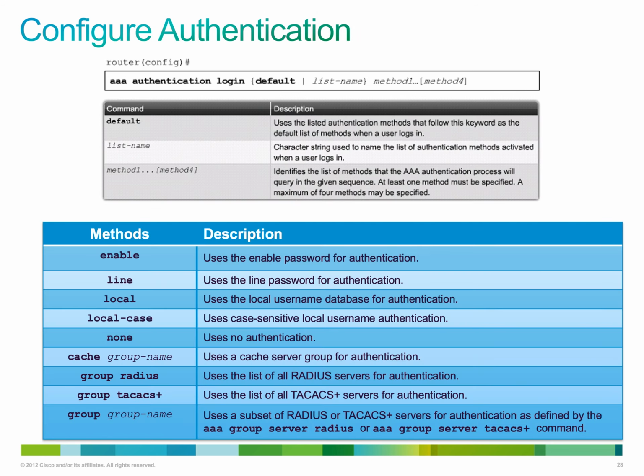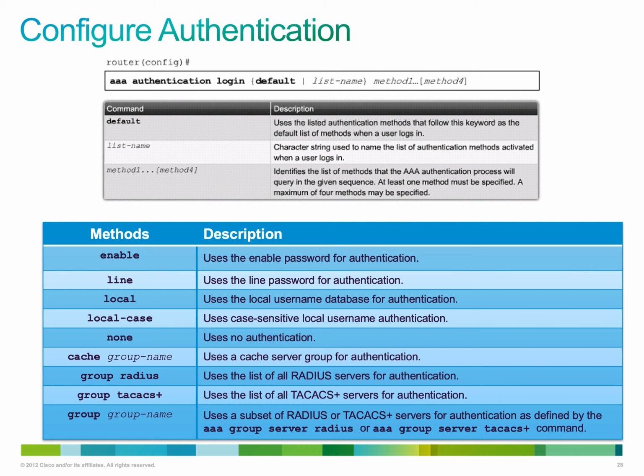Now, configure authentication. Once we write router config hashtag AAA authentication login, see, login here. We put the type, login. Name list, method 1 to 4. Now let's take a look at the command. Default uses the listed authentication method that follows this keyword as the default list of methods when a user logs in.